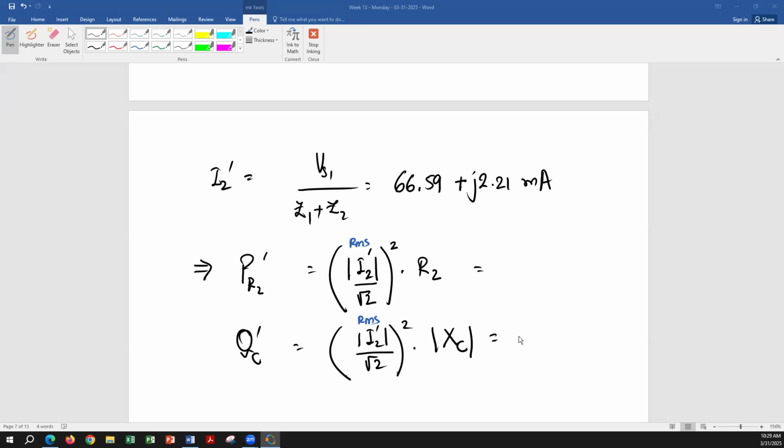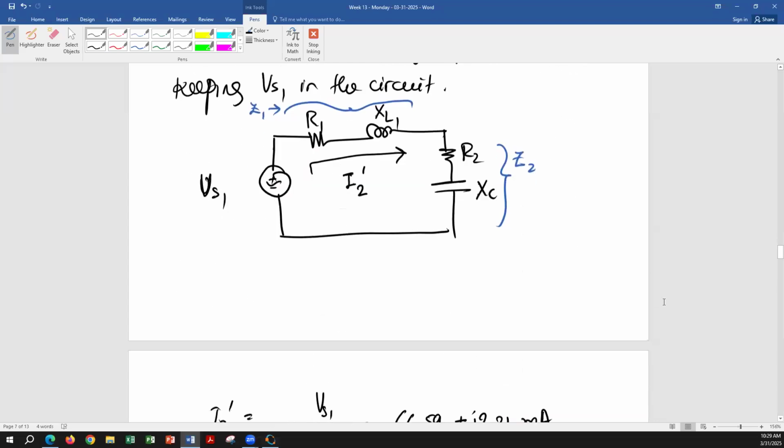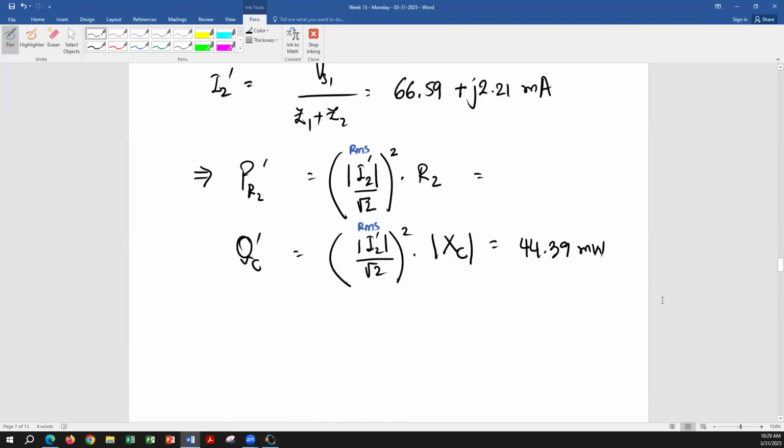So that's 44.39 milliwatt. Oh, wrong. Yeah, 44.39 milliwatt.